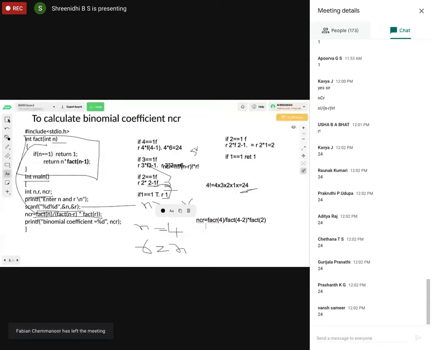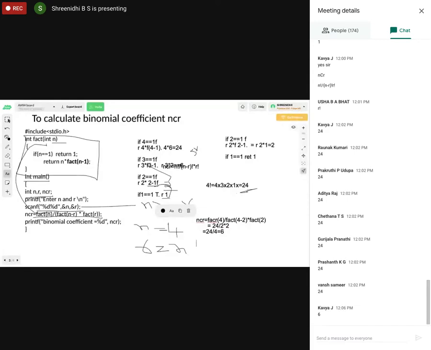So it will be fact of 4, which is 24, divided by fact of 2, which is 2, into fact of 2, which is also 2. It will be 24 divided by 4. How much? 6. So your nCr will be equal to 6. This is how your binomial coefficient program works.